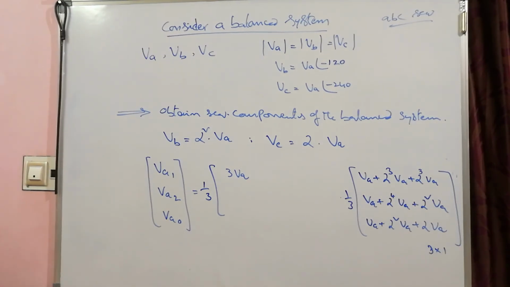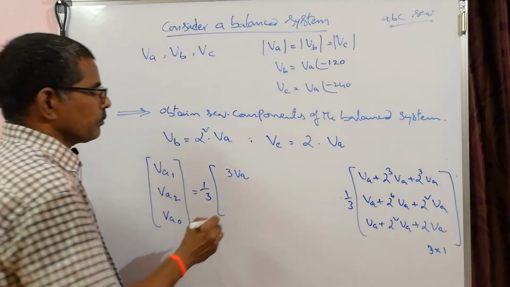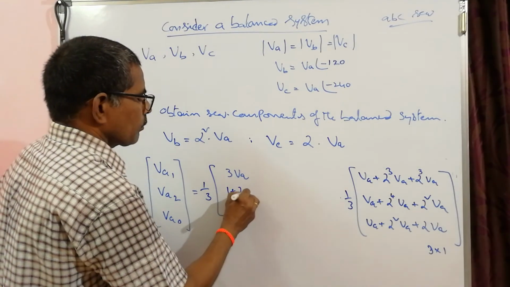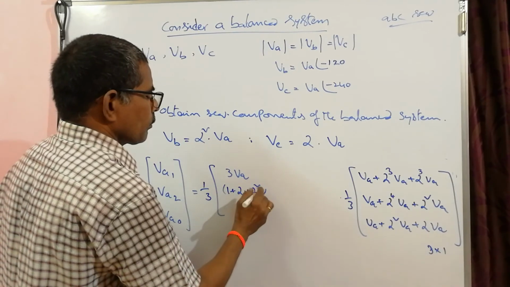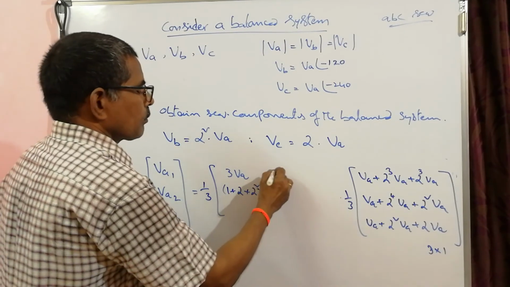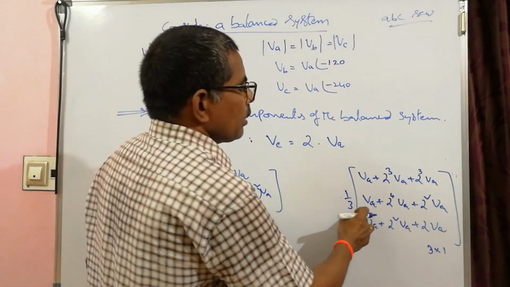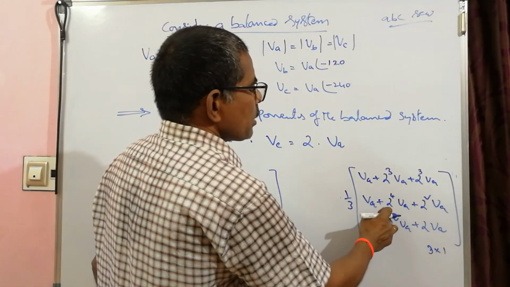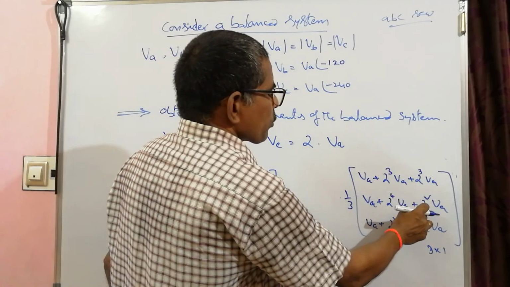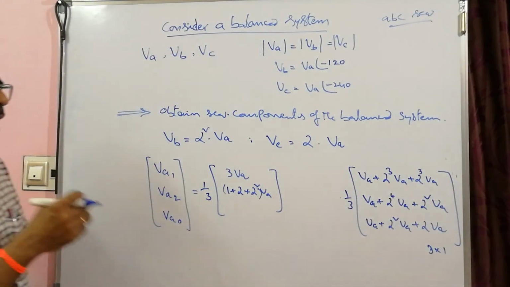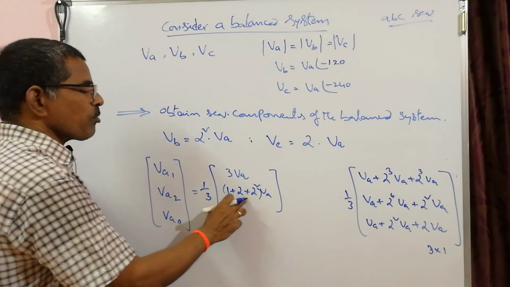It is VA plus alpha square VA plus alpha VA, since alpha power 4 is alpha. So, that is 1 plus alpha square VA.